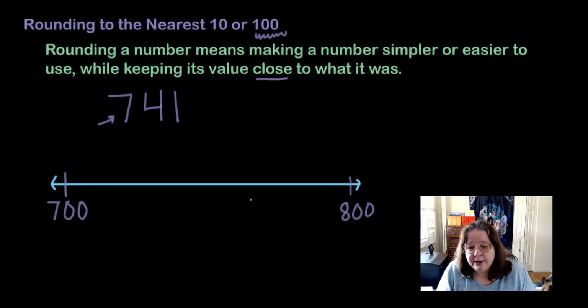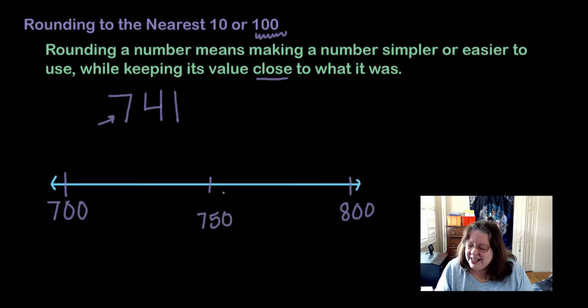I know that if I have 0 to 100, half of that is 50. I know that 50 cents is half of $1, and $1 is 100 cents. So I know that 50 is going to be the midpoint. Well, we've got a span of 100 from 700 to 800, so 750 is going to be the halfway point.